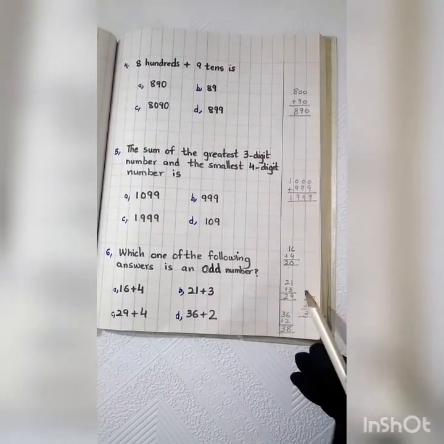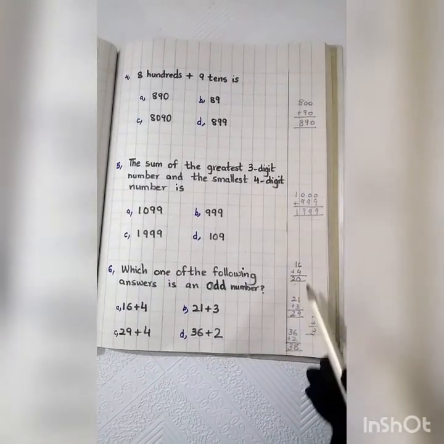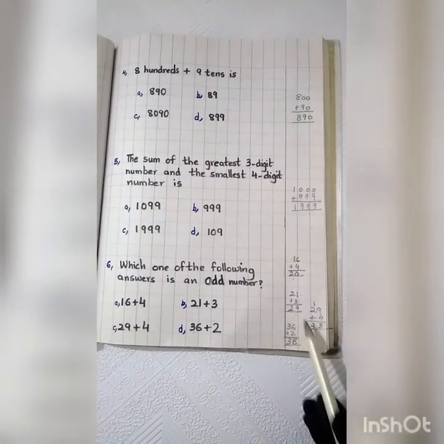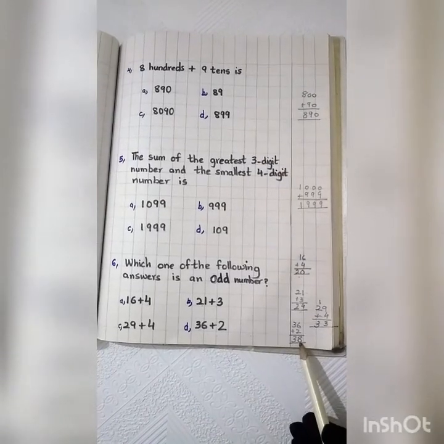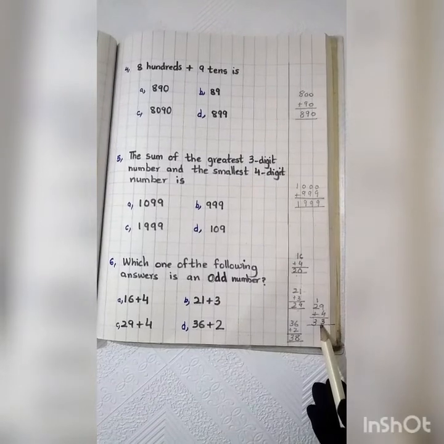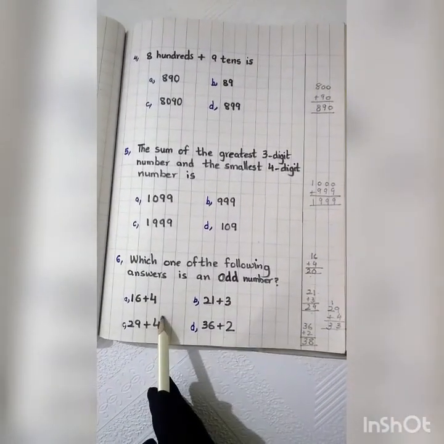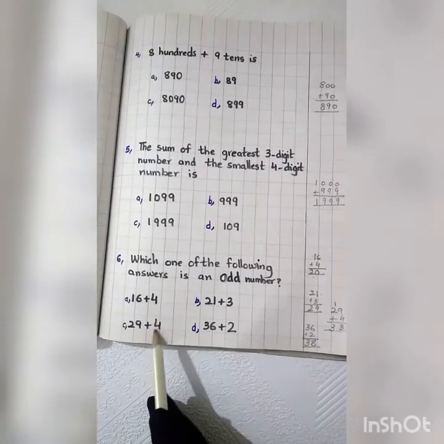Now tell me, children, which is the odd number? 20 is odd? No. 24 is odd? No. 38 is odd? No. 33 is an odd number.